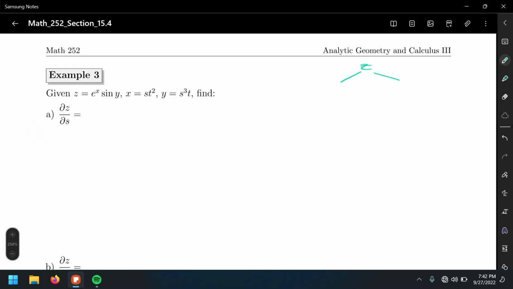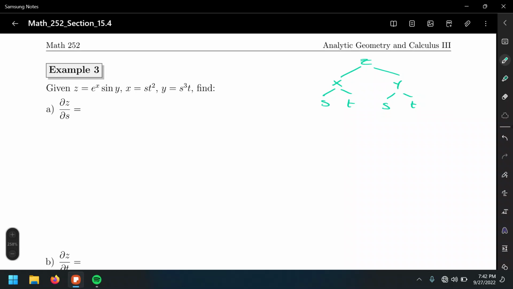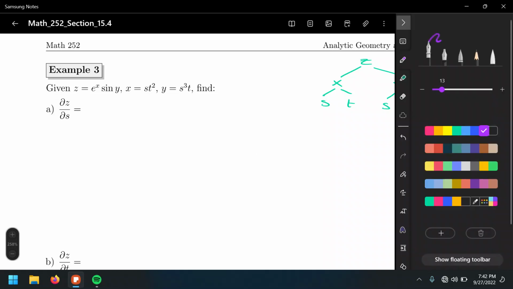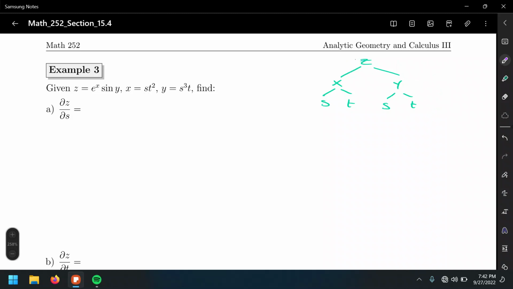So z depends on x and y, but at the same time, x depends on s and t, just like y depends on s and t. Are you guys following me up to this point? All right, let's find the partials. They want us to find the partial derivative of the function z with respect to s. That means we need to go in this direction from z to x and then x to s.